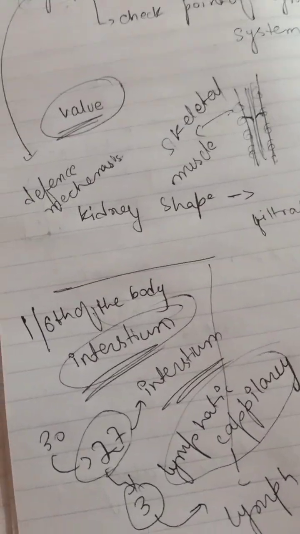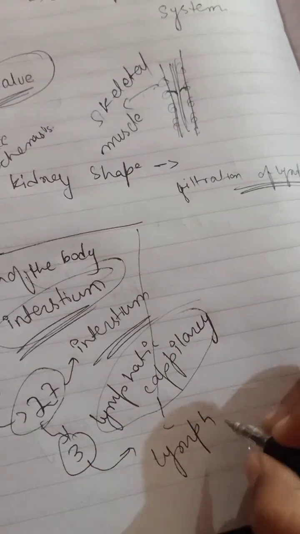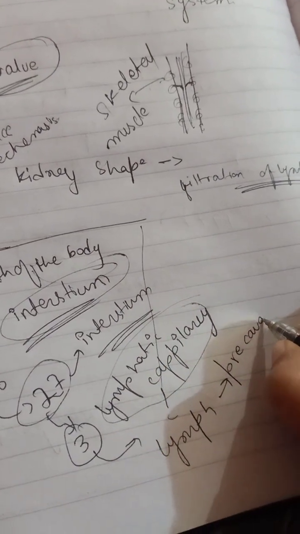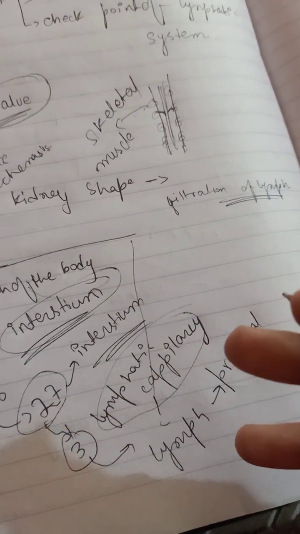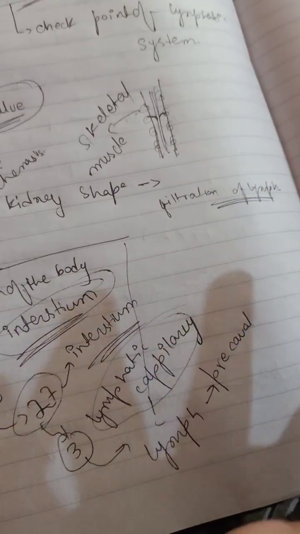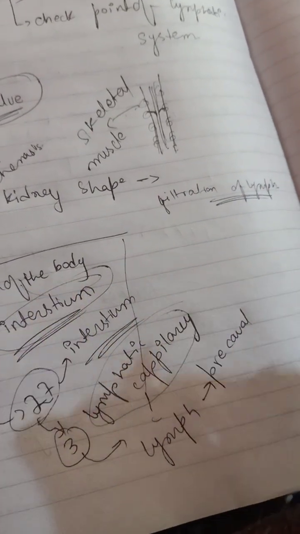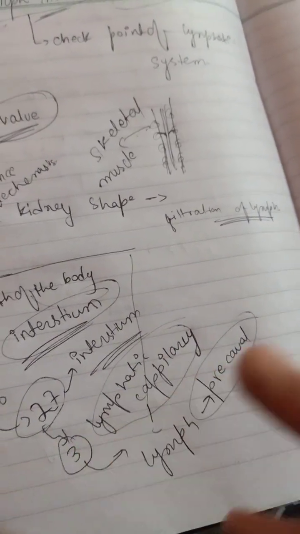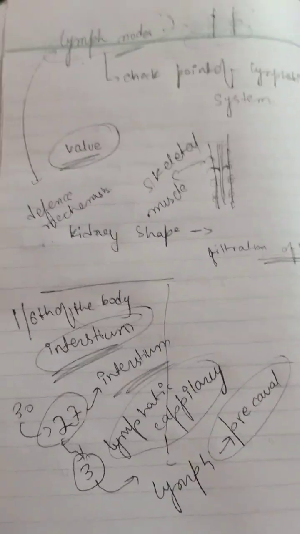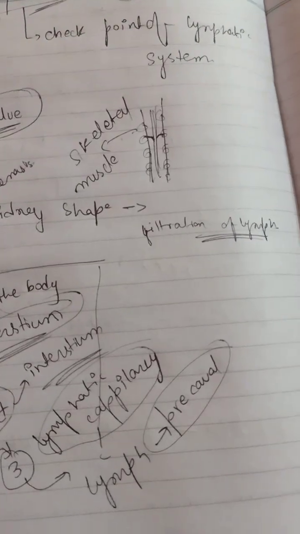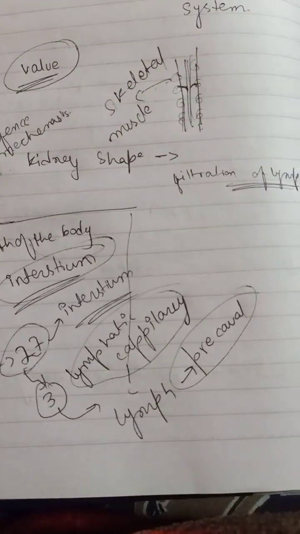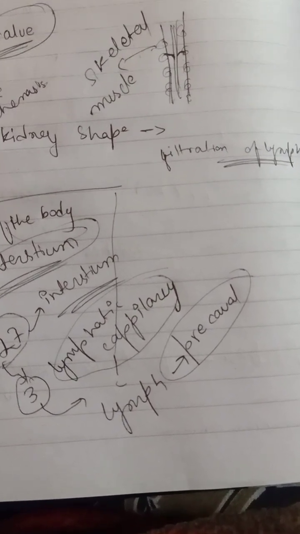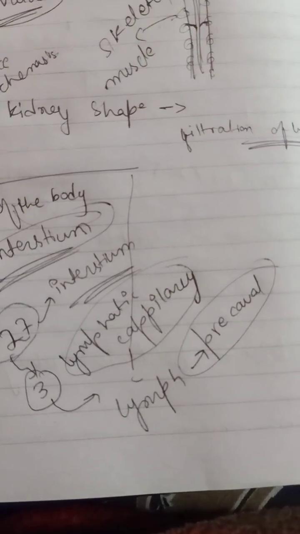After that the lymph moves to the precaval side. The abdomen side is the postcaval, and the neck region is the precaval, and after that it moves toward the circulation again, to the jugular vein and the subclavian vein.